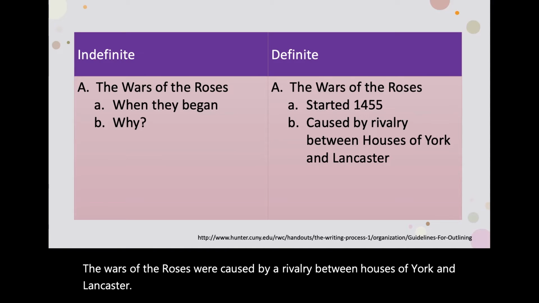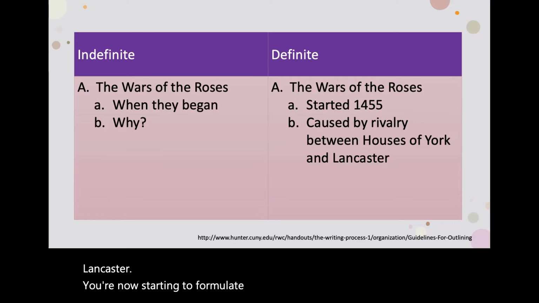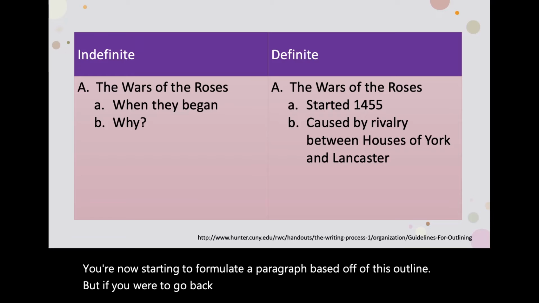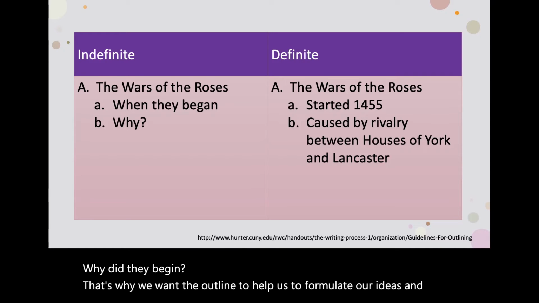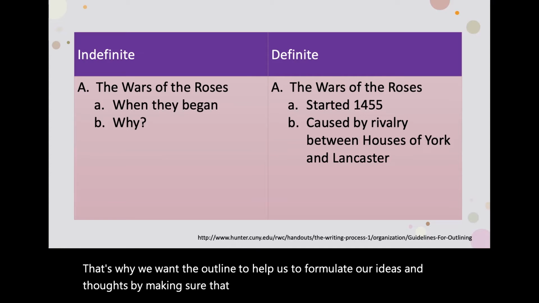You're now starting to formulate a paragraph based off of this outline. But if you were to go back to the indefinite, the Wars of the Roses, period. When they began, period. Why did they begin? That's why we want the outline to help us formulate our ideas and thoughts by making sure that our information is definite and clear.